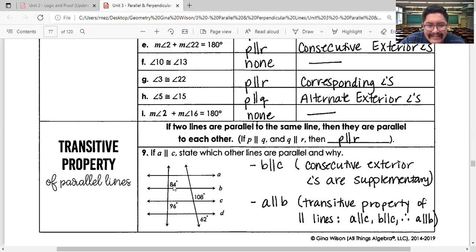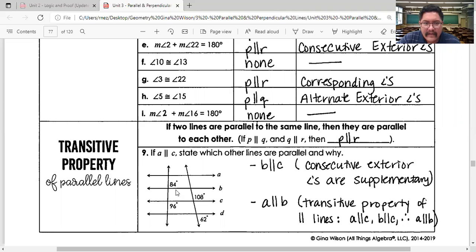So B and C are consecutive angles. So here, consecutive exterior angles are supplementary. Looking at B and C, they're both on the outside, so 84 and 96. Those would add up to 180.